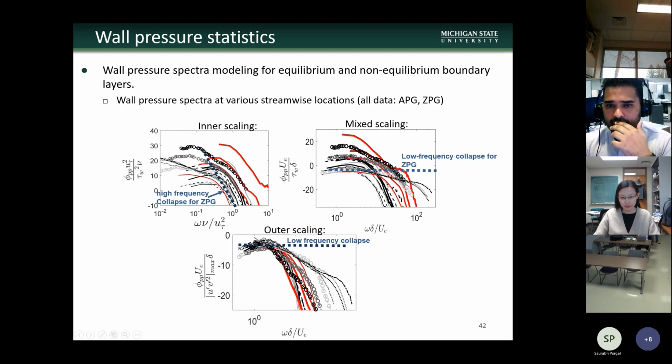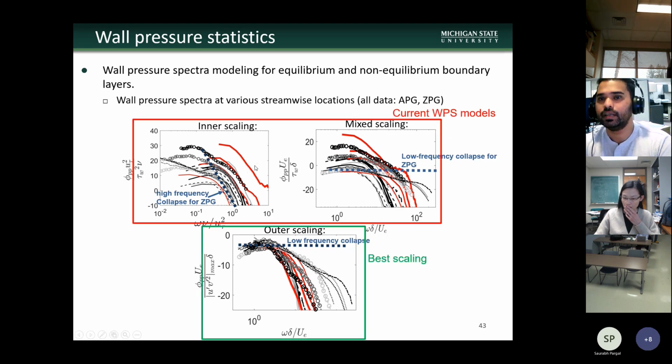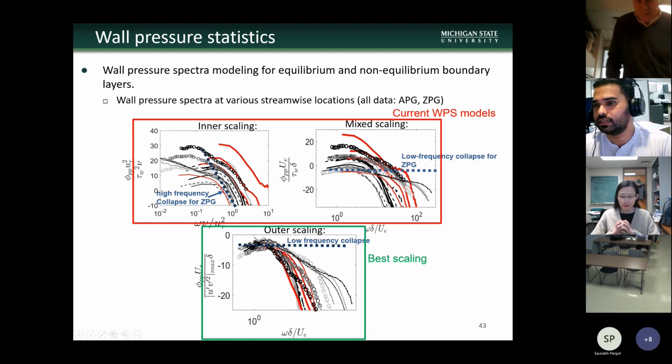We see that for the inner scaling and mixed scaling, the lines are all over the place, and for outer scaling, we have an overall collapse. So my main point with this slide is not to confuse you with all of these lines in a plot, but to make a very important point: the current wall pressure spectra models basically use inner scaling or mixed scaling, and you see that the lines are all over the place for all of these non-uniform flow scenarios, and that's one of the reasons they fail.